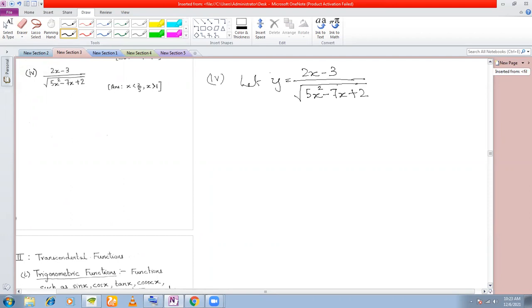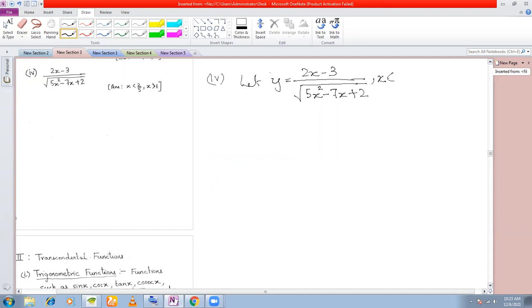In this case, what can you say should be the domain of the function? What is the restriction here? That the denominator cannot be equal to 0, right? That under the radical, you can only have a number that is greater than or equal to 0, right?